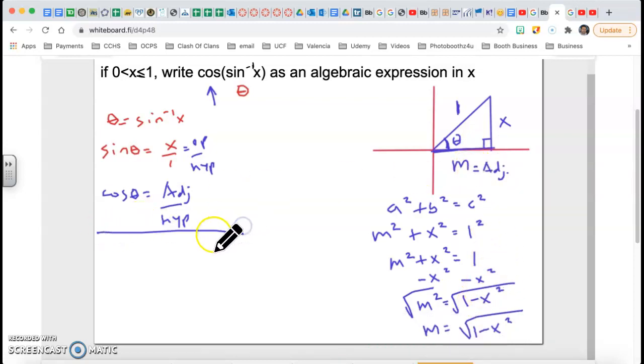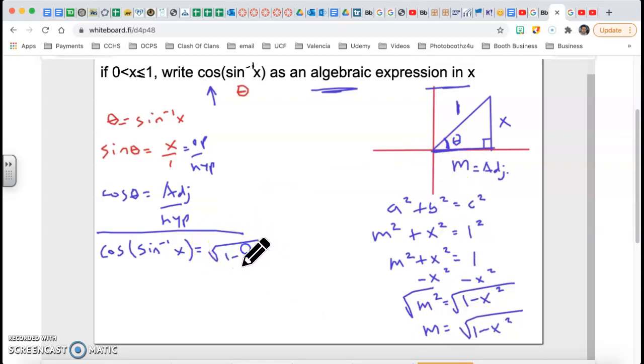Now it's a matter of just plugging back into my function. Remember, they say write this as an algebraic expression in terms of x. Let's go. Cosine of sine inverse of x equals, what's my cosine? Adjacent over hypotenuse. Adjacent is m. What's m?